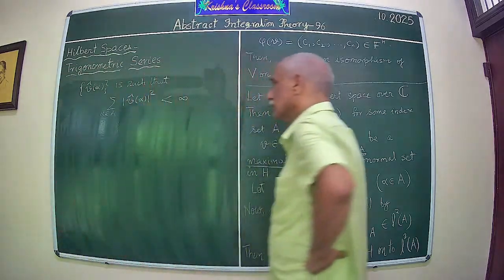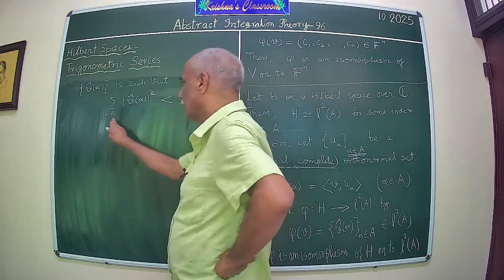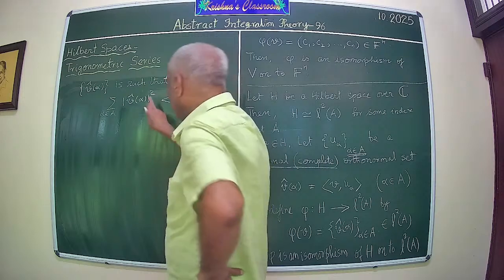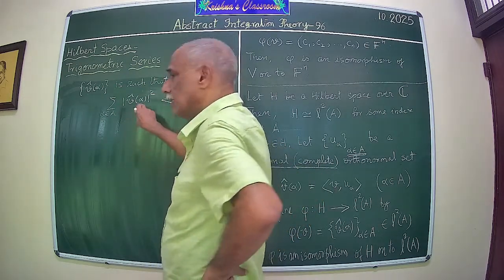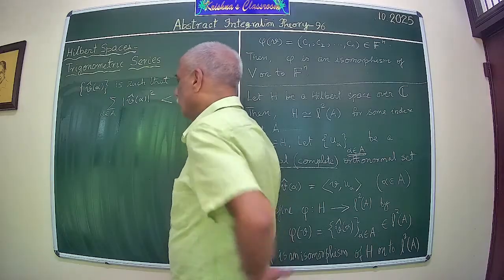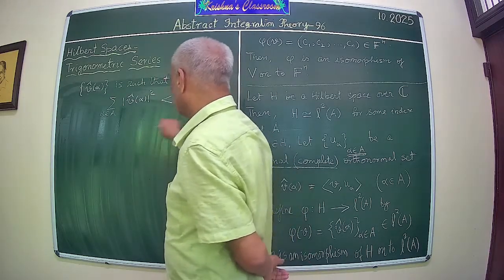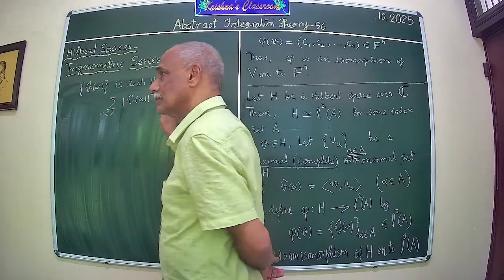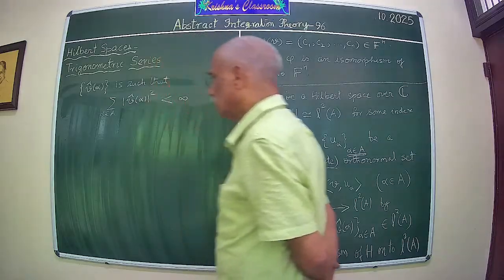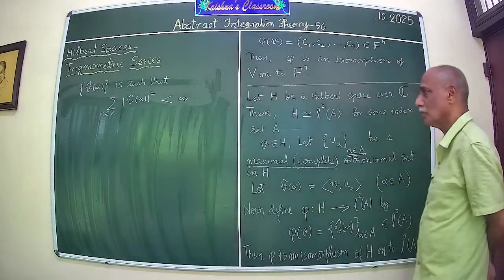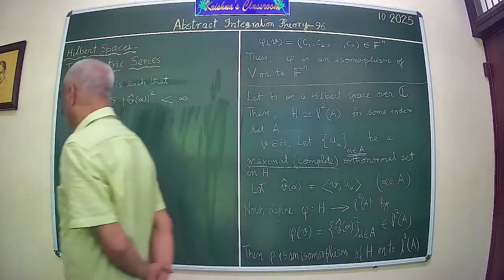Now you know that there is nothing alarming about it. A could be uncountable, but v hat alpha is not equal to 0 for at most countably many alphas when this condition is satisfied, and that really depends on the particular v that you choose also. So that's one of the crucial results that we have proved.